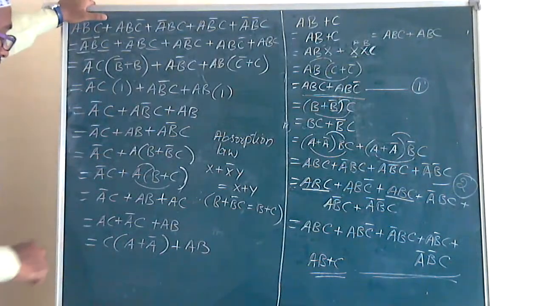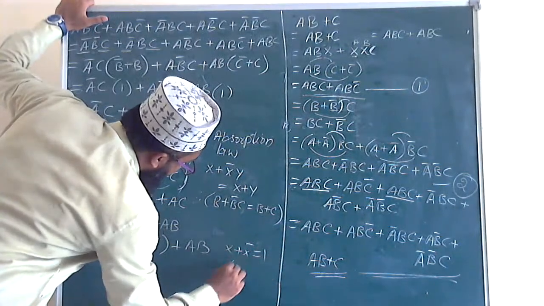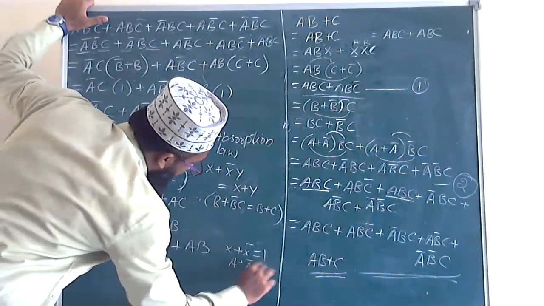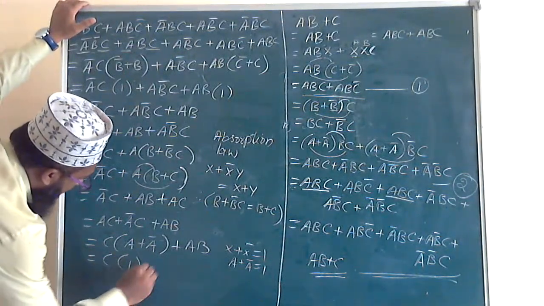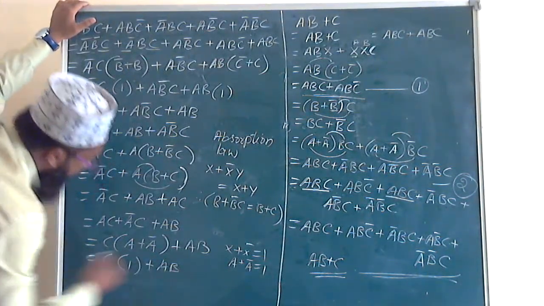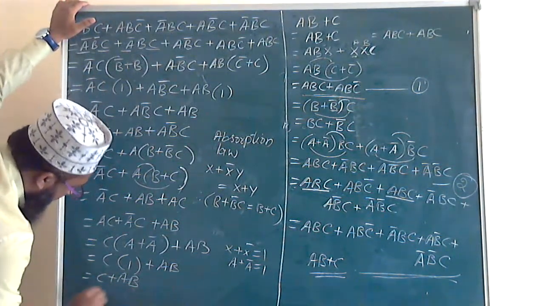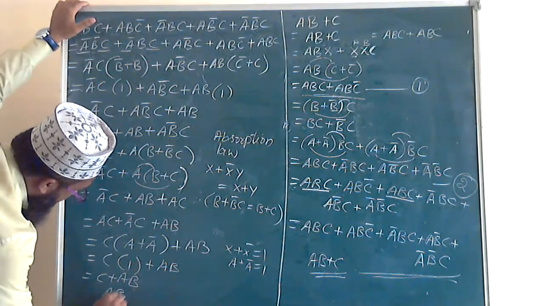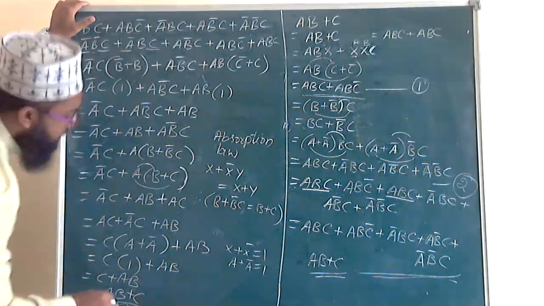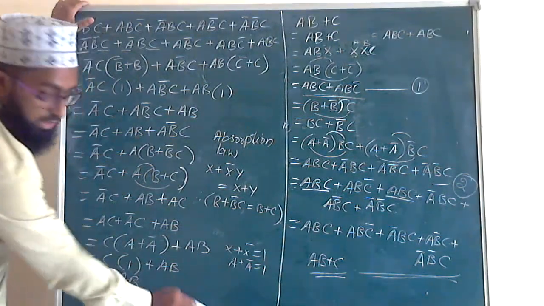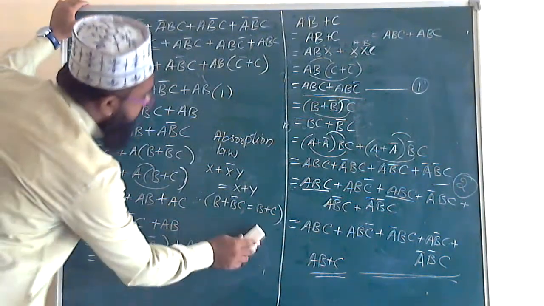According to complementarity law, x plus x bar is equal to 1, then A plus A bar is also equal to 1, which is equal to C into 1 plus A B, which is equal to C plus A B, at last A B plus C. I think you're not looking here, so I'll write these two steps this side.